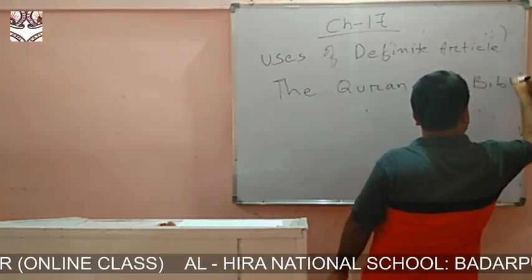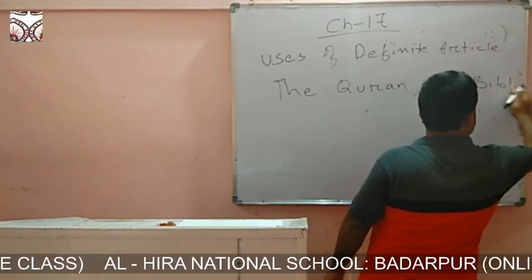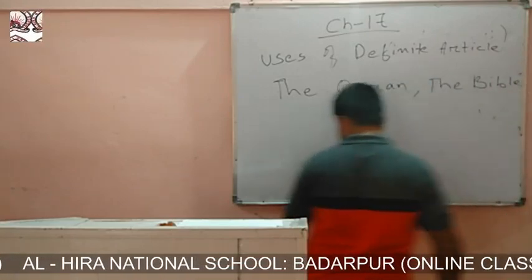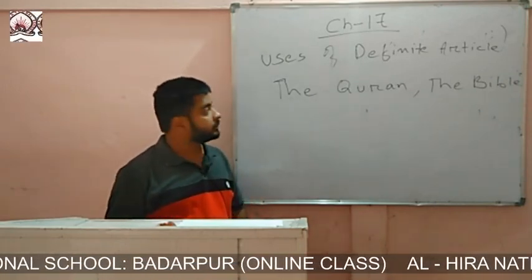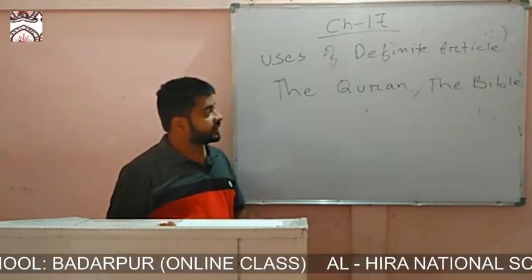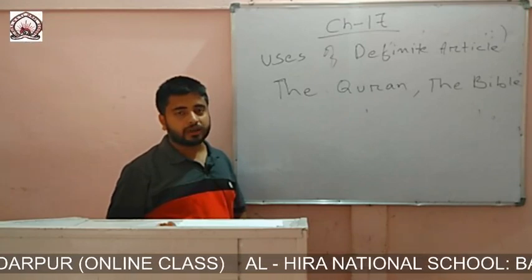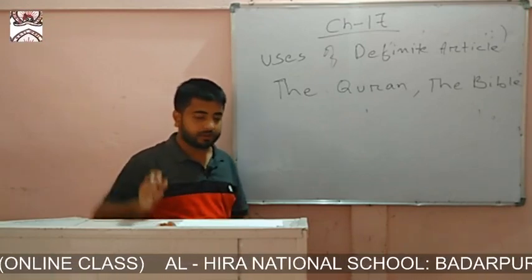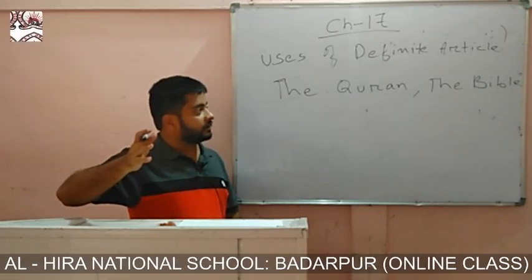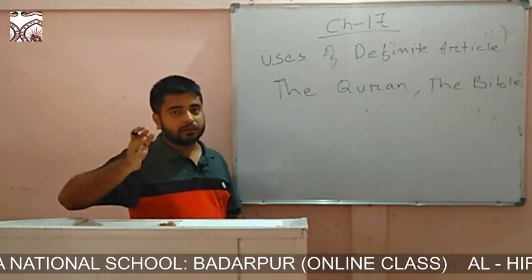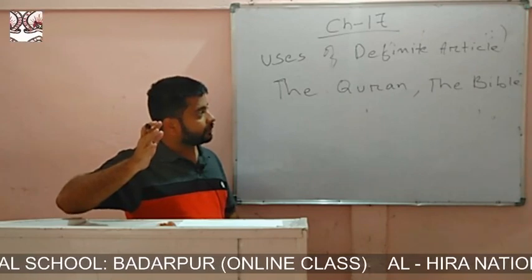So, if we write it before the sacred books, we will always use what? The. We should never forget it. So I have written the Quran, the Bible. You can also write the Ramayana, the Mahabharata. So there are so many holy books.